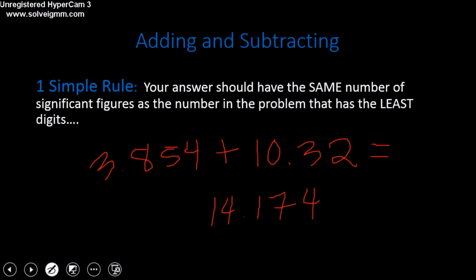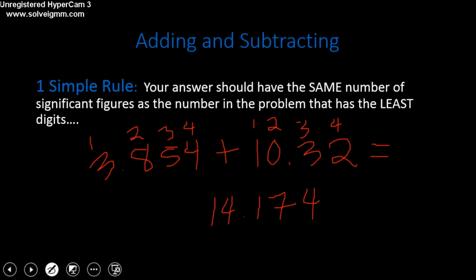Now, if you want to know how many significant digits your final answer should have, you count the number of significant digits that each of the numbers used in the problem has. So 3.854 has 1, 2, 3, 4 significant digits. And 10.32 has 1, 2, 3, 4 significant digits.